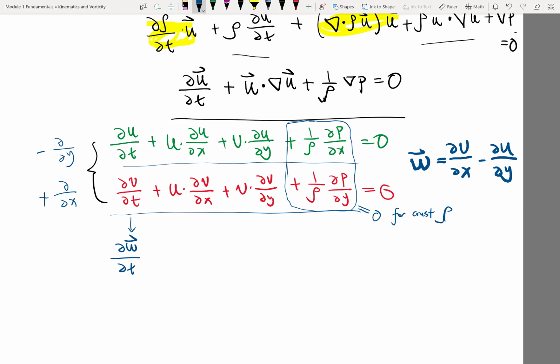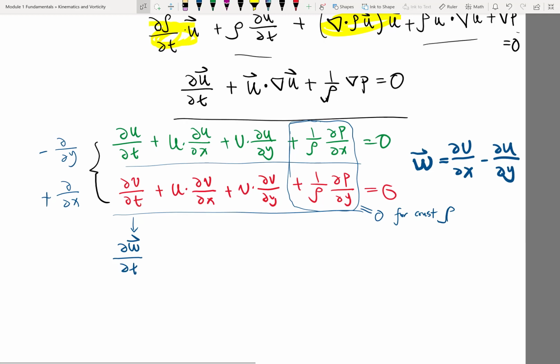So let's just consider what we call the convection term for the velocity. Let's look at the first line first. What we get is minus d dy of u du dx, again minus d dy of v du dy.